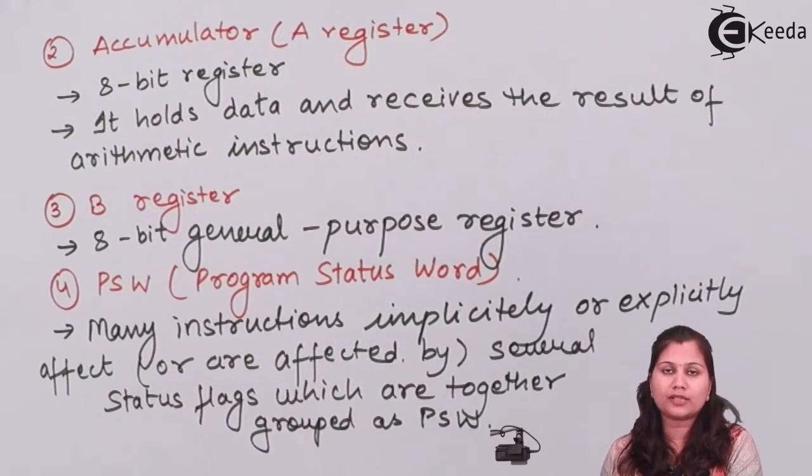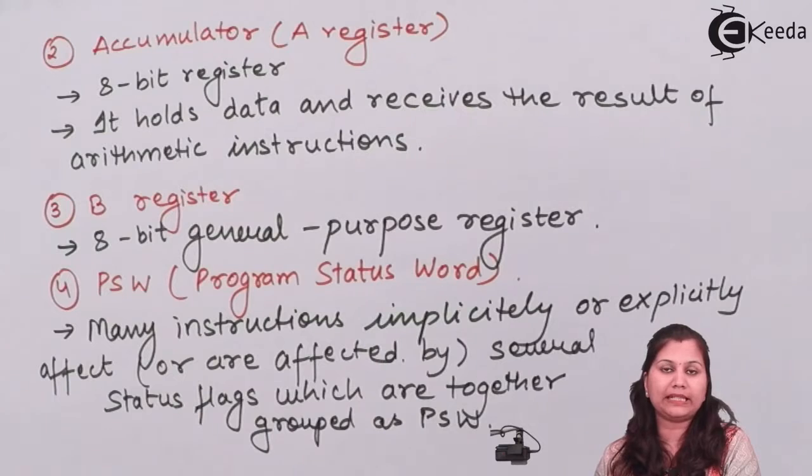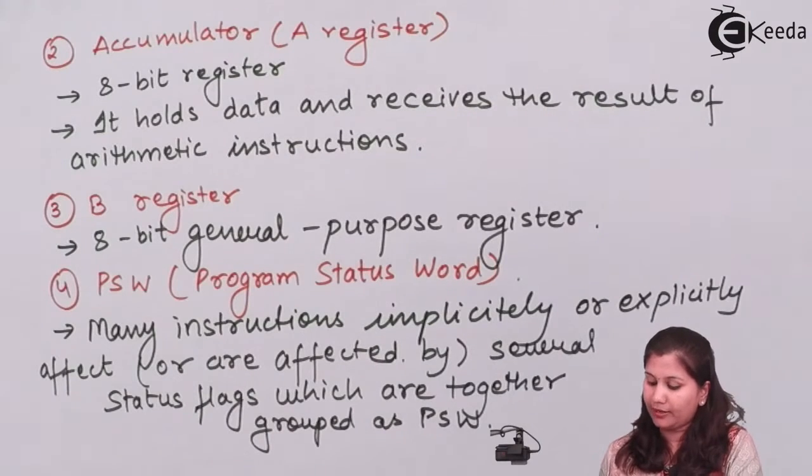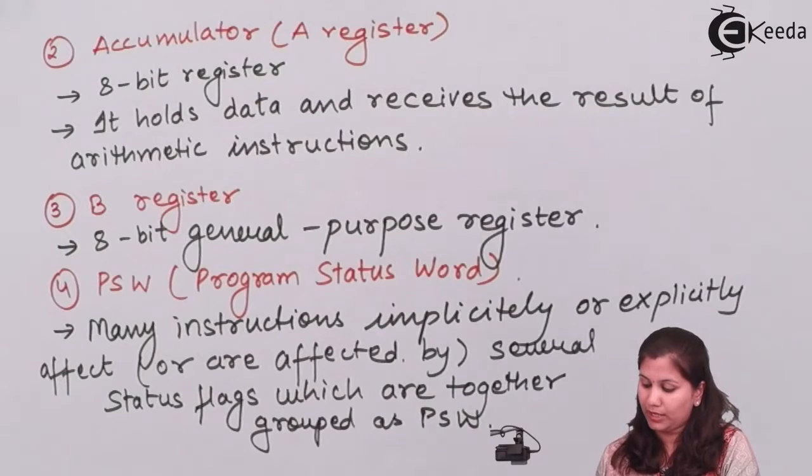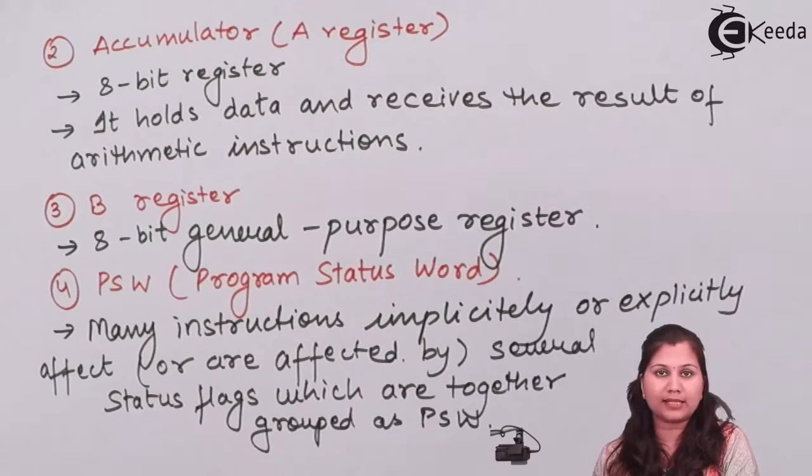The instructions which implicitly or explicitly affect the bits together form the program status word, and they are affected by the status flags.